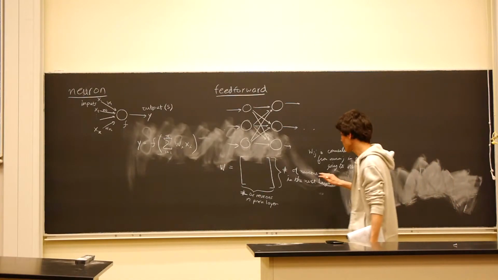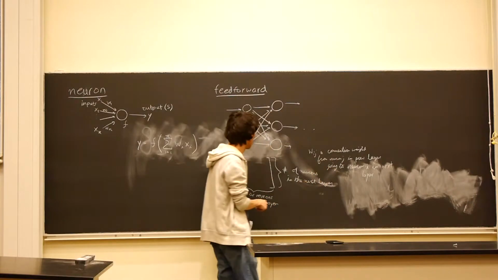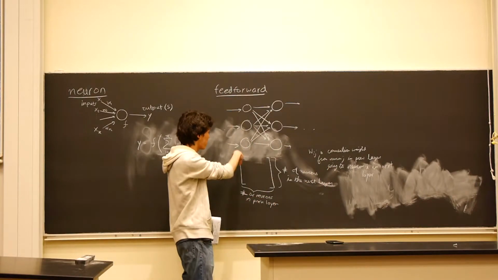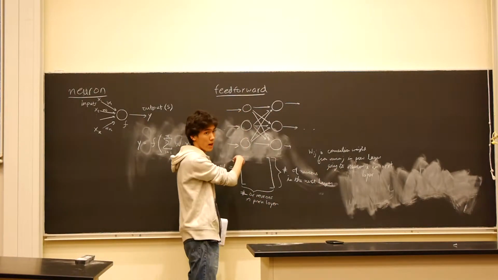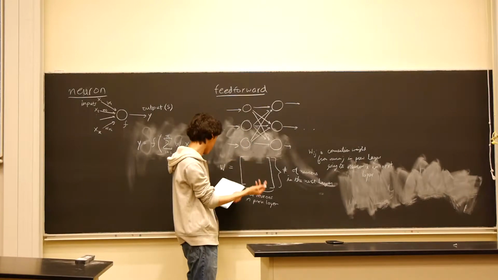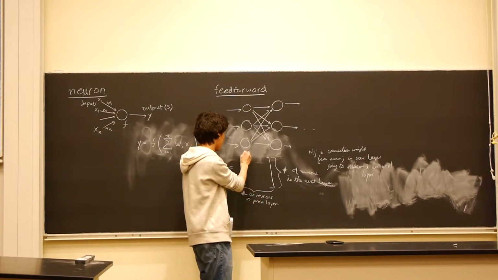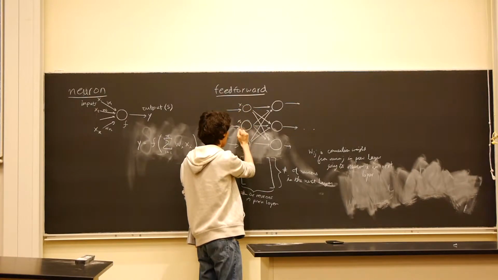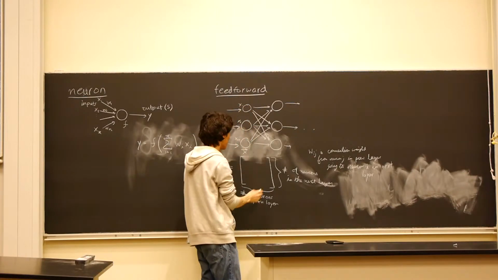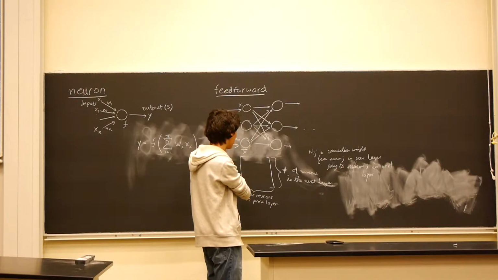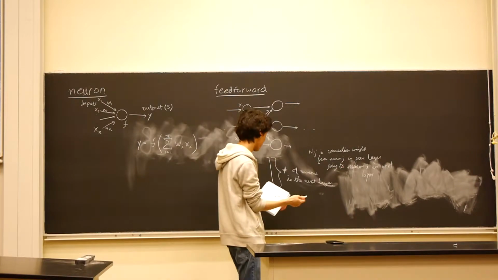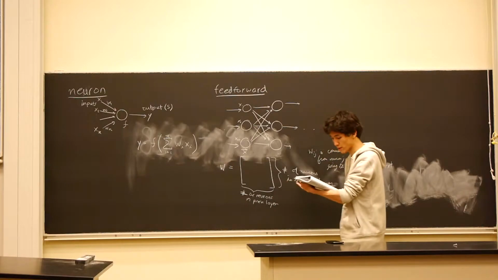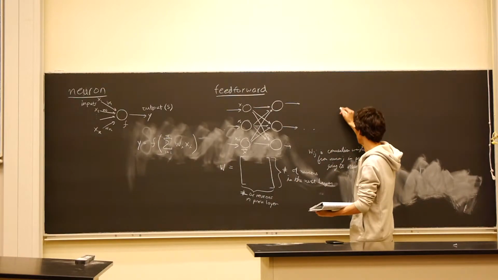This is a pretty useful way to look at it because suppose I represent all of the values of the neurons in the previous layer with some vector, let's call it x, which is x1, x2, through xn. Then I can obtain the values of the neurons in the next layer using a simple matrix multiplication.